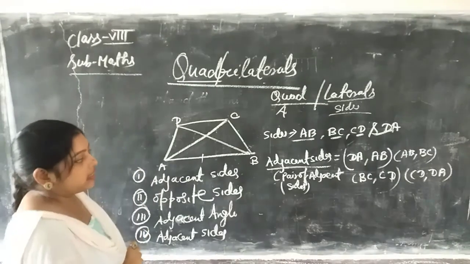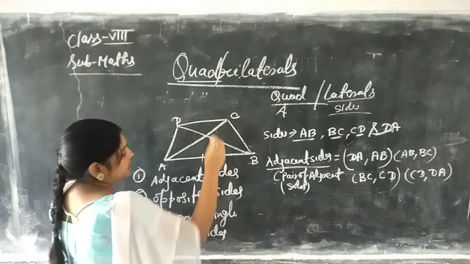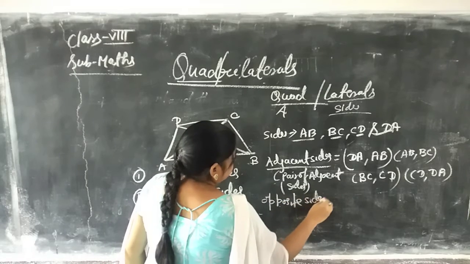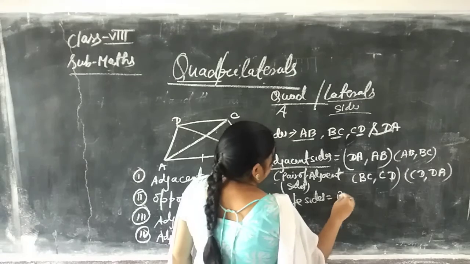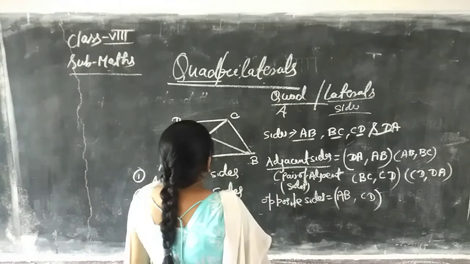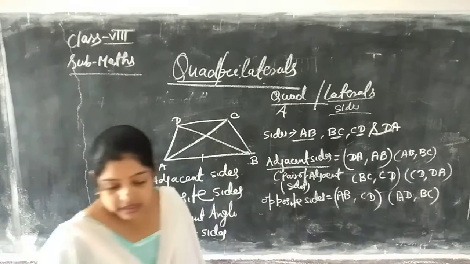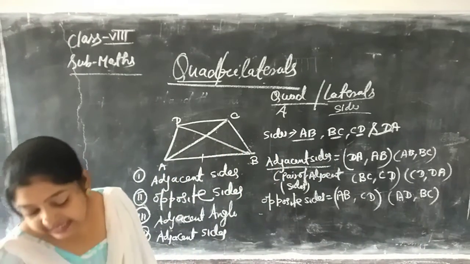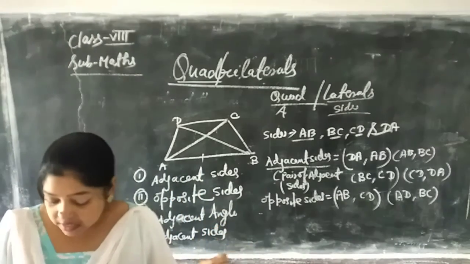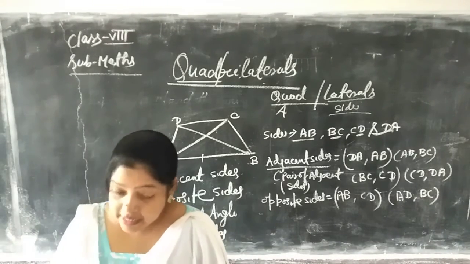Next is the opposite sides. AB is opposite to CD, and AD is opposite to BC. Now again, the adjacent sides: two sides of a quadrilateral which have a common end point.